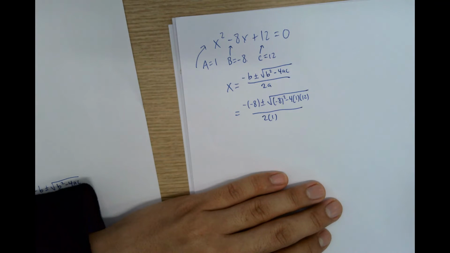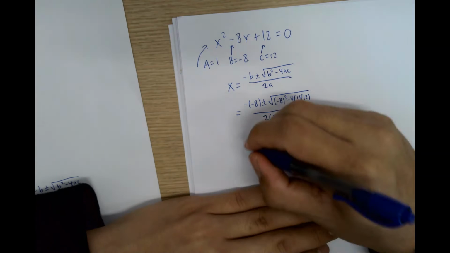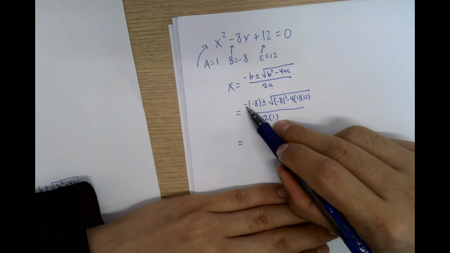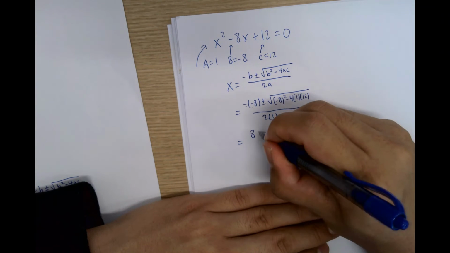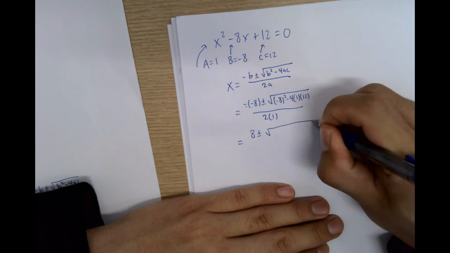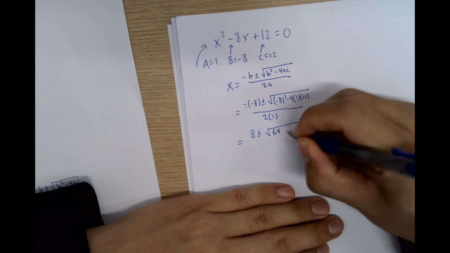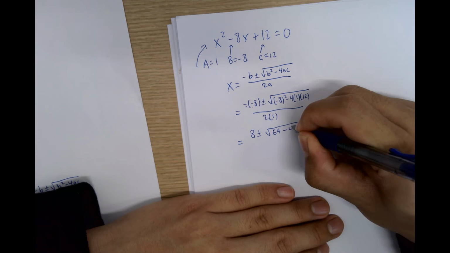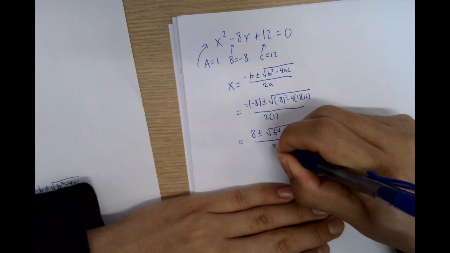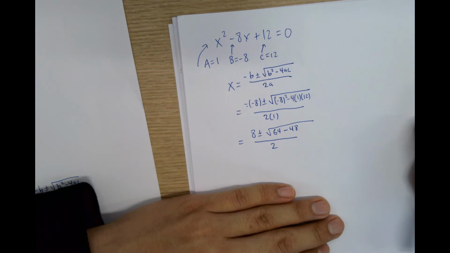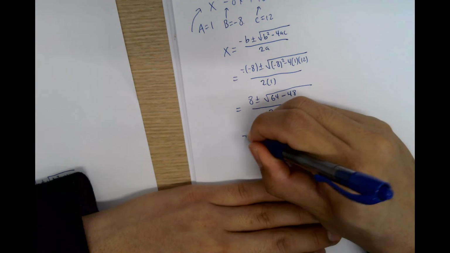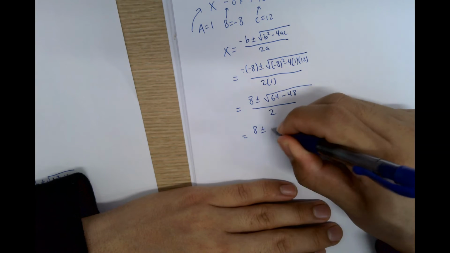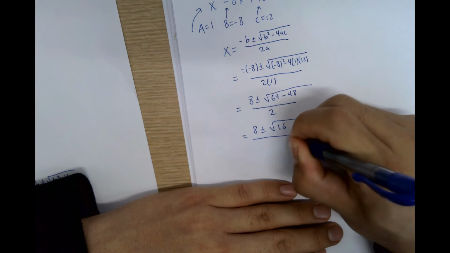Then we get x equals positive 8 plus or minus the square root of 64 minus 48, divided by 2. And then this equals 8 plus or minus the square root of 16, divided by 2.